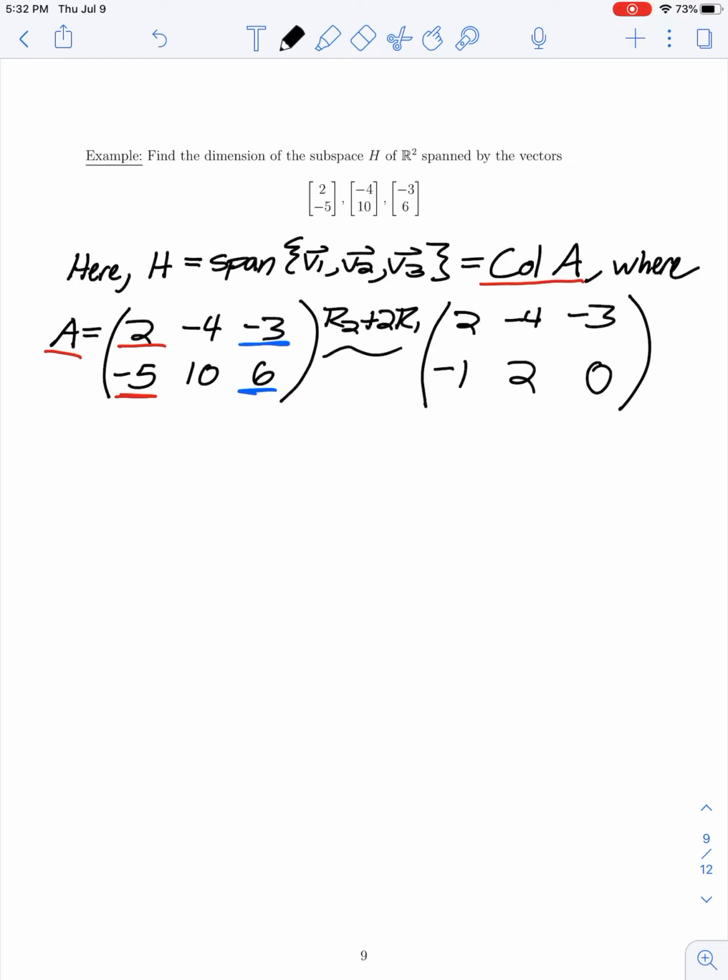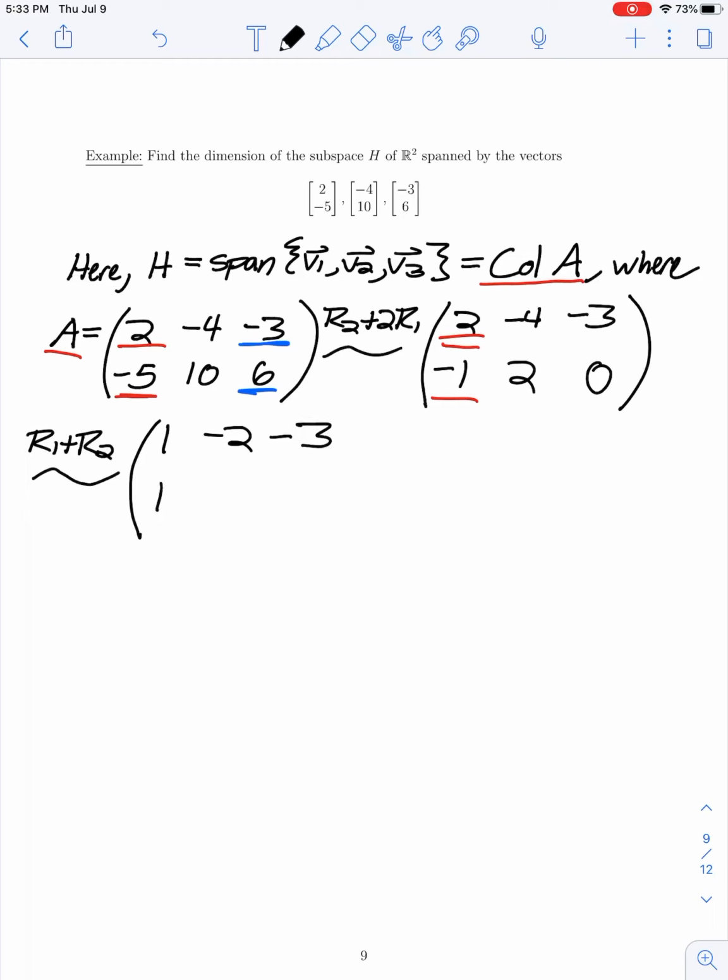So simplifying a bit further, I could use the leading -1 in my second row to eliminate the 2 from my first row. Or I could add the second row to the first to get a leading 1 in this top left entry. That is, take row 1 plus row 2. So I would have 1, -2, -3.